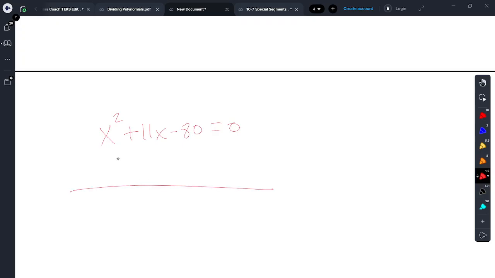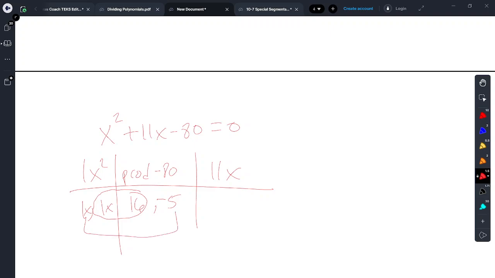All right, so I'm going to make my table. Remember this, 1x squared, product of negative 80, sum of 11, right? Well, obviously 16 and negative 5. Did you guys get it? All right, so 16 and 5 multiply to 80. Which one do I want to be negative? The 5, right? Once I find the one that works, put them back. Remember, you can go back and watch this video if you want to remind yourself. Now, which one's going to give you a negative answer?